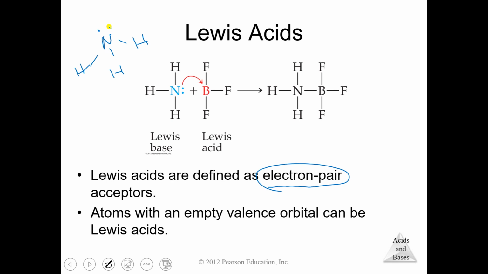Boron, in this case, is one of those exceptions that it doesn't need the lone pair of electrons to make an octet. It's happy not having an octet. It's just as stable. So in order to form a bond, nitrogen will donate its electron pair to the boron to form that bond between them. So in this case, the electron pair donor is the base, and the electron pair acceptor is the Lewis acid.